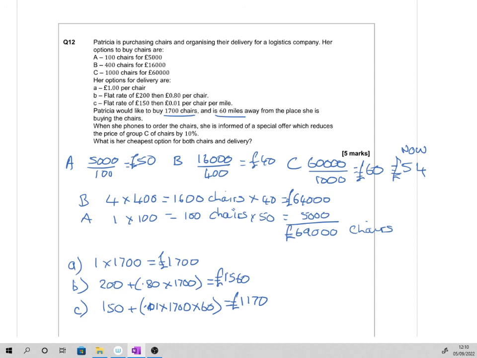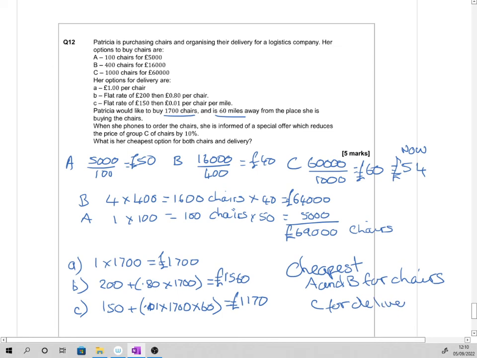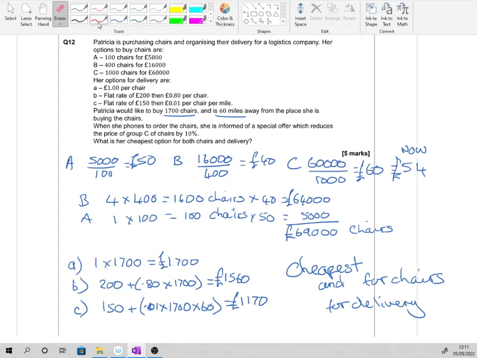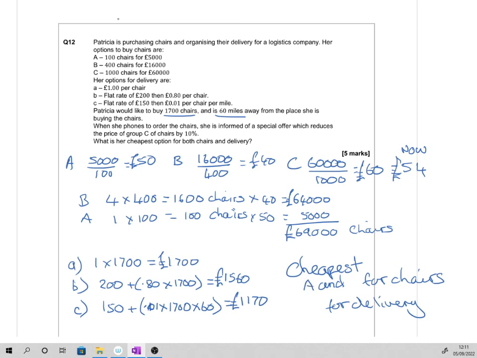So what's the cheapest option? The cheapest is a combination of A and B for chairs and C for delivery.